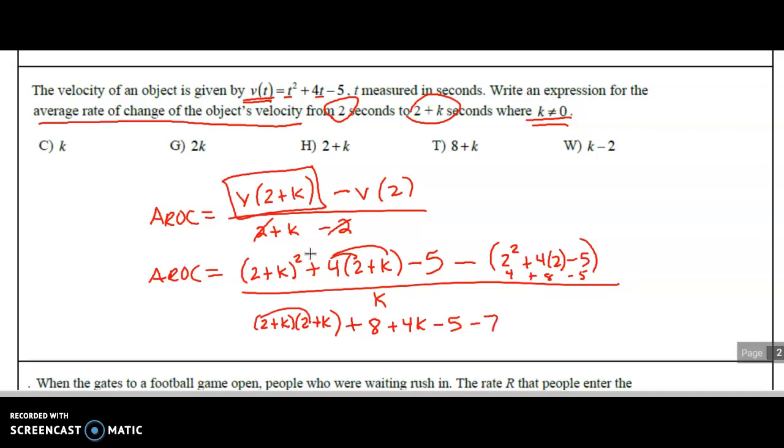So this, if I multiply 4 plus 2k plus 2k plus k squared, and then we get plus 8 plus 4k minus 12. I just combine those together. Okay, so I get k squared, what's that? 2 plus 2 is 4. 4 plus 4 is 8.